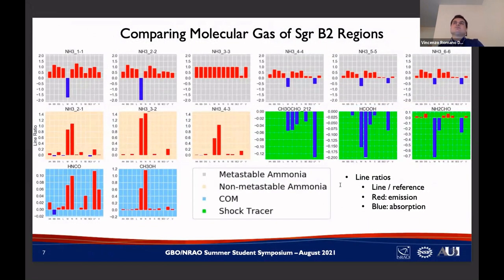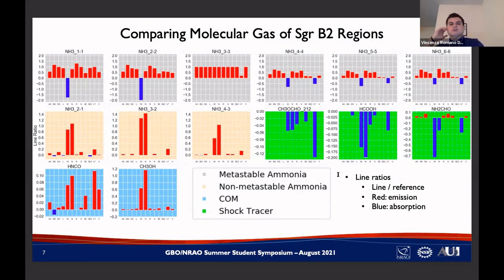To compare the molecular gas of Sagittarius B2 and understand how it illustrates the star-forming features in the cloud, we want to zoom in on the specific set of molecules that we have remaining that relate to star formation. These specifically include the non-metastable ammonia, complex organic molecules, and shock tracers.